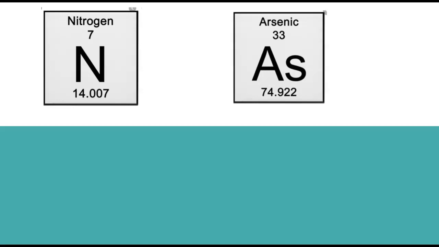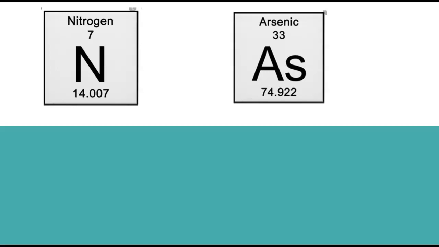And we know that each of those 7 comes from 1 neutron, so it must have 7 neutrons. 7 protons plus 7 neutrons makes the atomic mass 14. And you'll notice that nitrogen is a relatively small number.